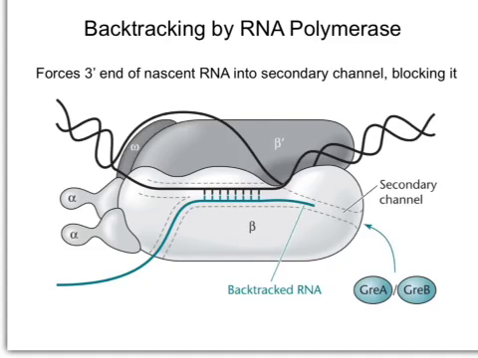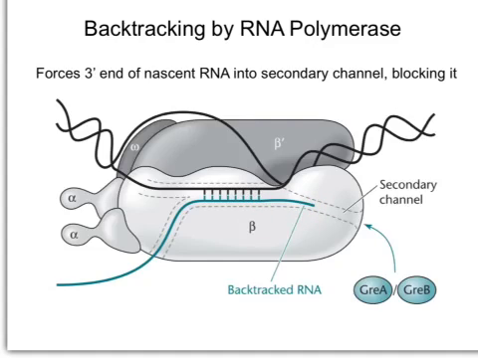In some cases, the RNA polymerase even moves backwards, so it's supposed to be moving in this direction, but if it moves backwards, it moves in this direction. And the result is it forces the newly synthesized RNA into the secondary channel. So this is the 3' end of the newly synthesized RNA, which is supposed to be here. Instead, it's been forced here.